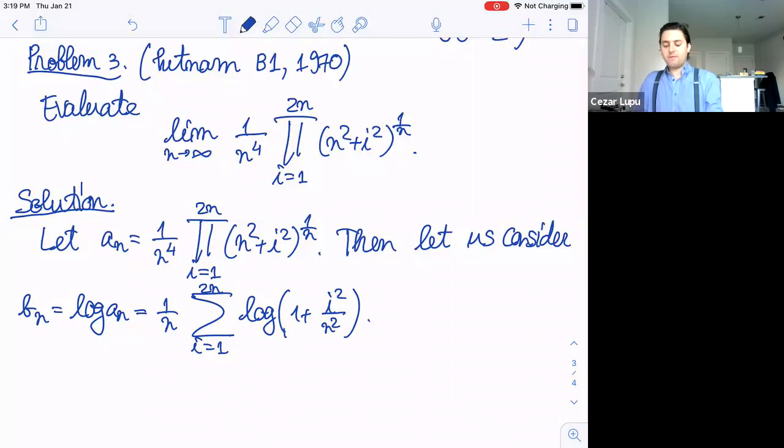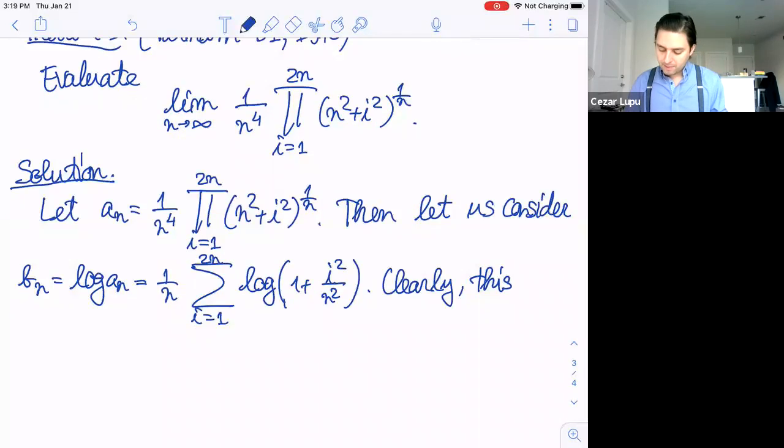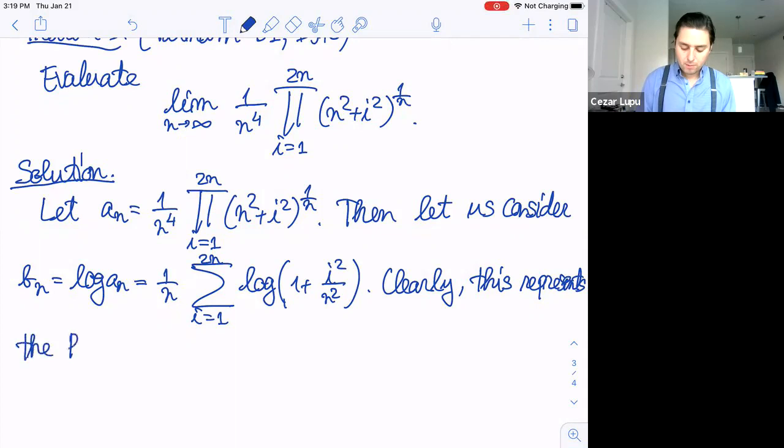Well, at this point, if you look at this, clearly this represents the Riemann sum.